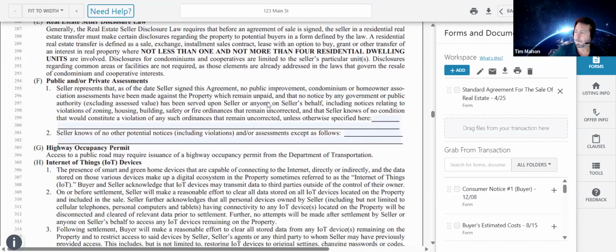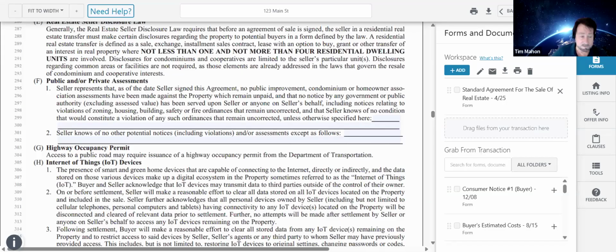Typically, when you're buying a property, and let's say you're buying a house and it's got a septic system on it, but the seller has been notified in writing that next year this borough, township, whatever, is coming through with municipal sewer, and that it's going to cost everybody $10,000 to hook into the sewer system and close off their septic system, then that would be something where it's a public assessment against this property. It doesn't exist yet. It's just known at this point in time. So you must disclose that information.